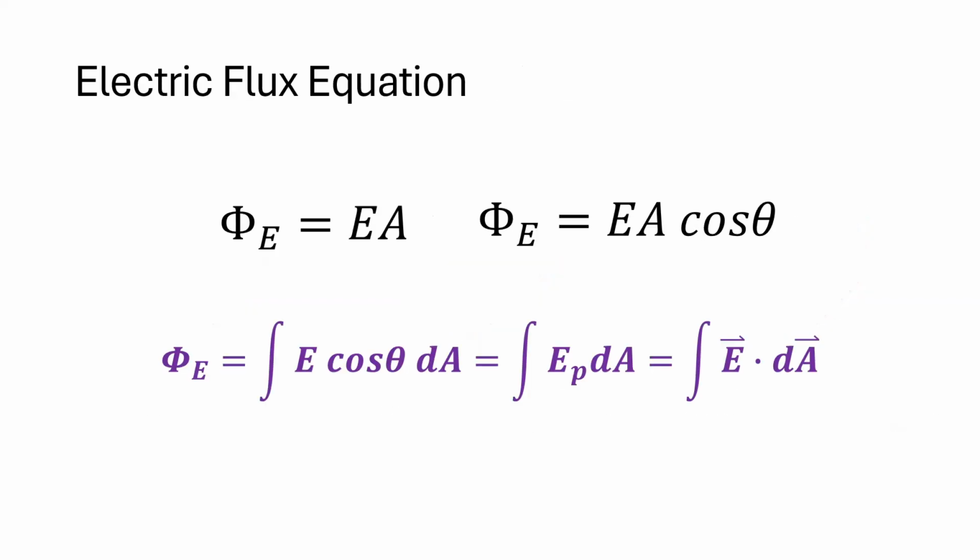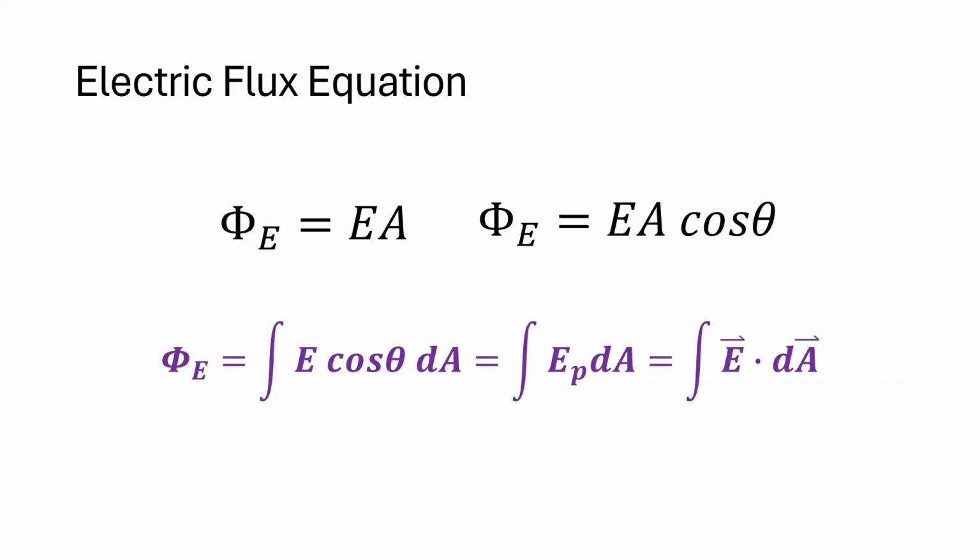Okay. Now what you can see in the slide are actually the equations that we are going to use in computing the electric flux. And the symbol that we use is actually a Greek letter called phi, sub E. Ibig sabihin, the flux na of the electric field. And the common equation that we use for a plane surface with a uniform electric field is the first equation that we have in the slide.